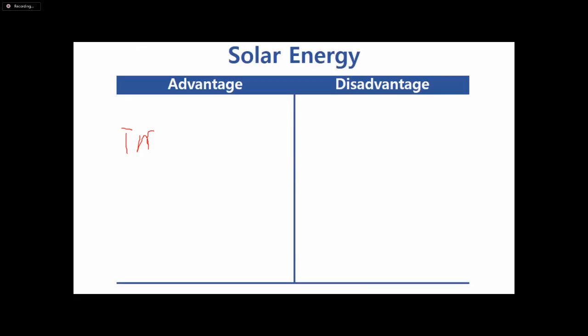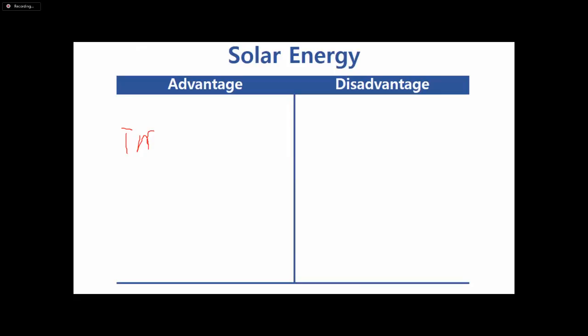Okay. It takes a lot of space. So you say that it needs large space. It's not producing energy all the time, for example, at night.